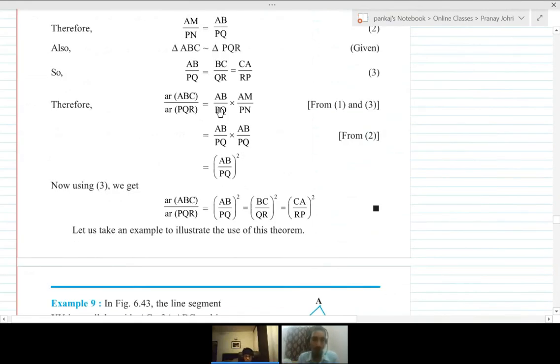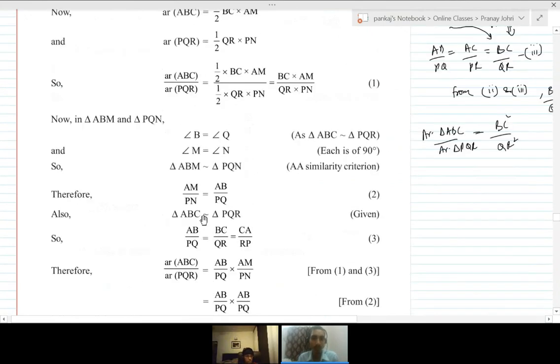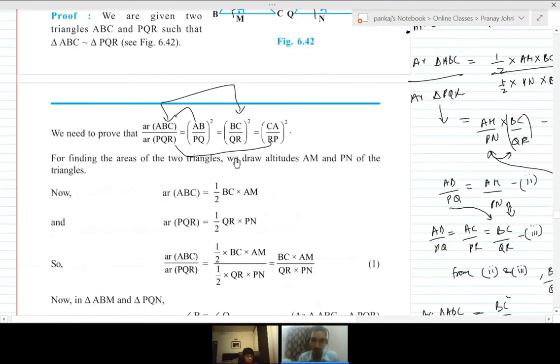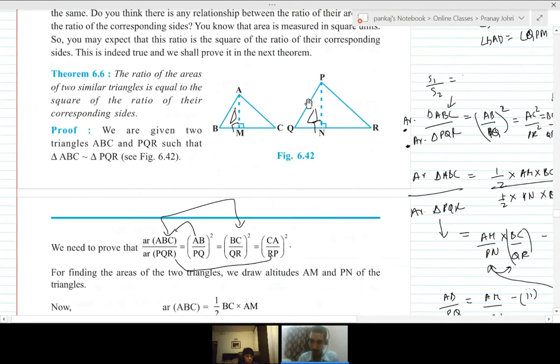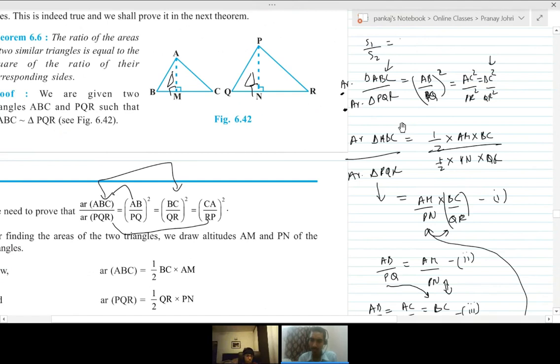So quickly, what we did was we drew the altitude, and using the altitude, because the area was given, we wrote the area formula. We needed to convert AM by PN to BC by QR to get the desired square ratio of sides.